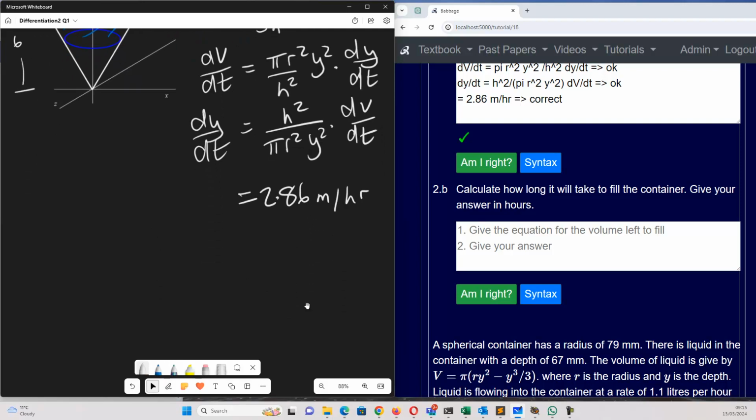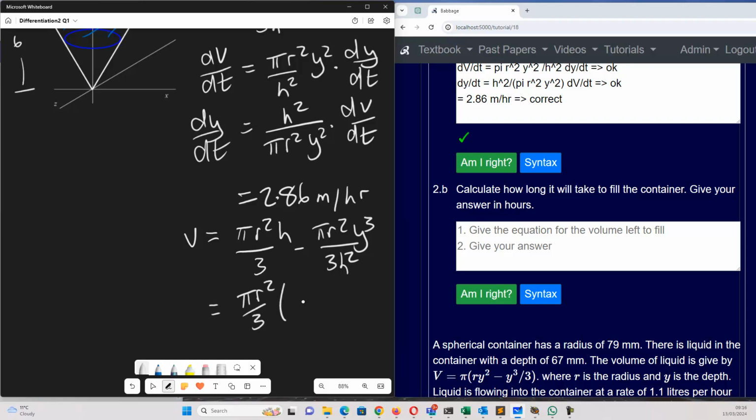So the volume we're looking for is going to equal pi r squared h over 3 minus pi r squared y cubed over 3h squared. So we can take pi r squared over 3 outside of h minus y cubed over h squared. And we're going to divide this by dV by dt.